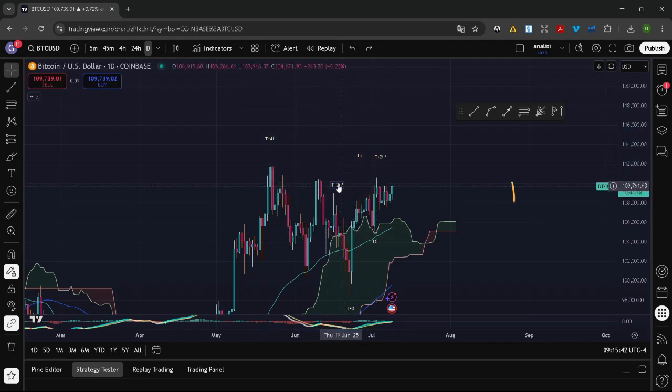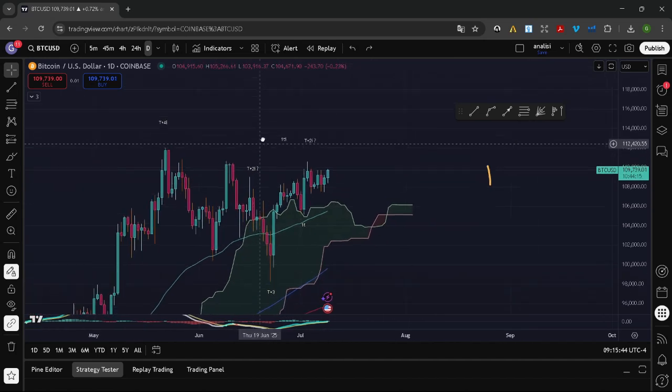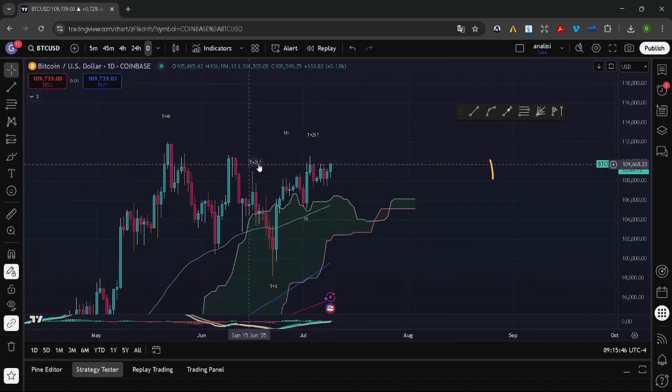So this is why I put this indicator, because the T plus 2 can start at this point, but can also start at this point, and that is why I take this layer at this point.